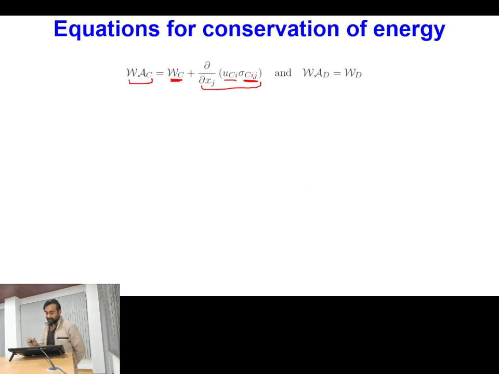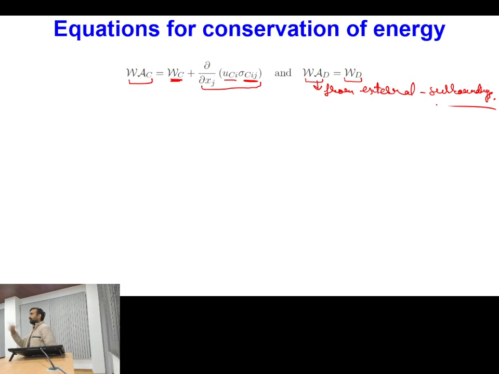And then next is not viscous dissipation. What is WAD? Work done on the dispersed phase from external surroundings. What is the meaning of external surroundings? Say you have a steam turbine.